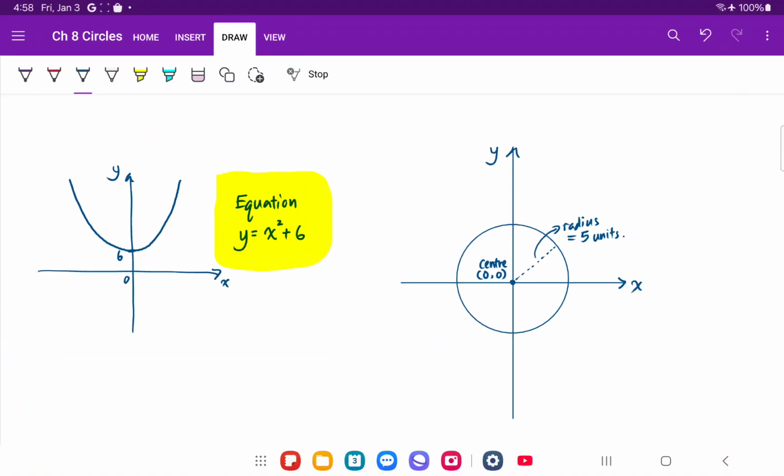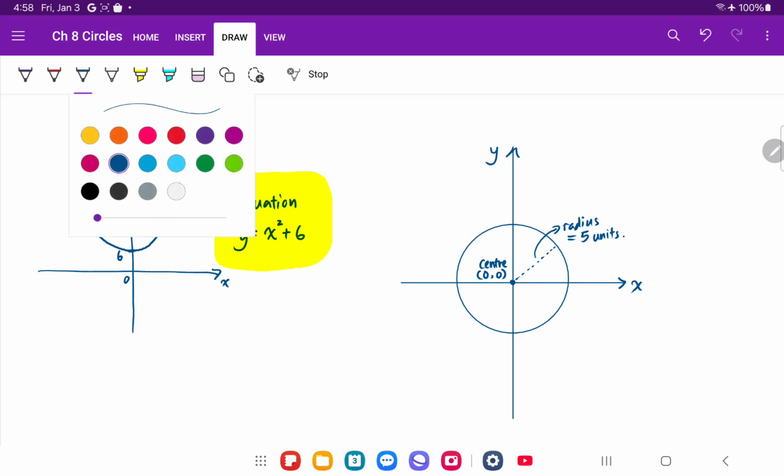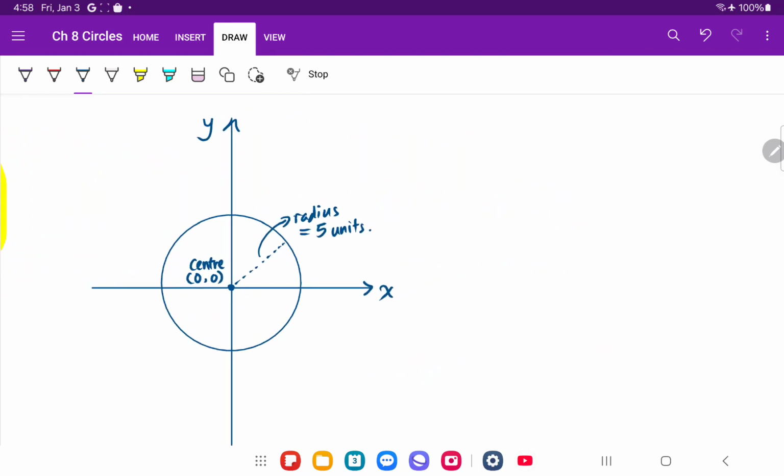Alright, now what you see on the right hand side is a circle. A circle can also be drawn on the x and y axis. So just now we talked about y equals to x squared plus 6 for the curve that you see on the left. On the right, we are going to learn about the equation of the circle very shortly.